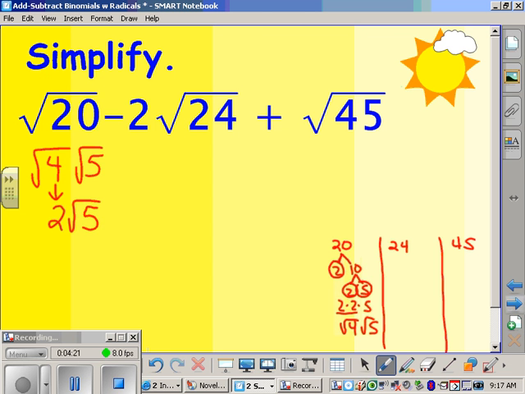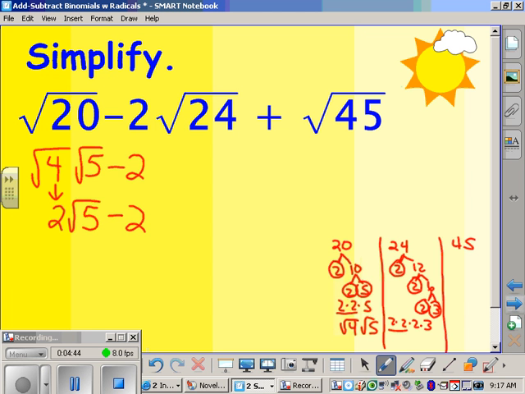Now for the next one, which is -2 radical 24, make sure you drop down that -2. And what we're breaking down is simply the 24. So we would have 2 and 12, 2 and 6, and 2 and 3, which gives us 2 times 2 times 2 times 3.